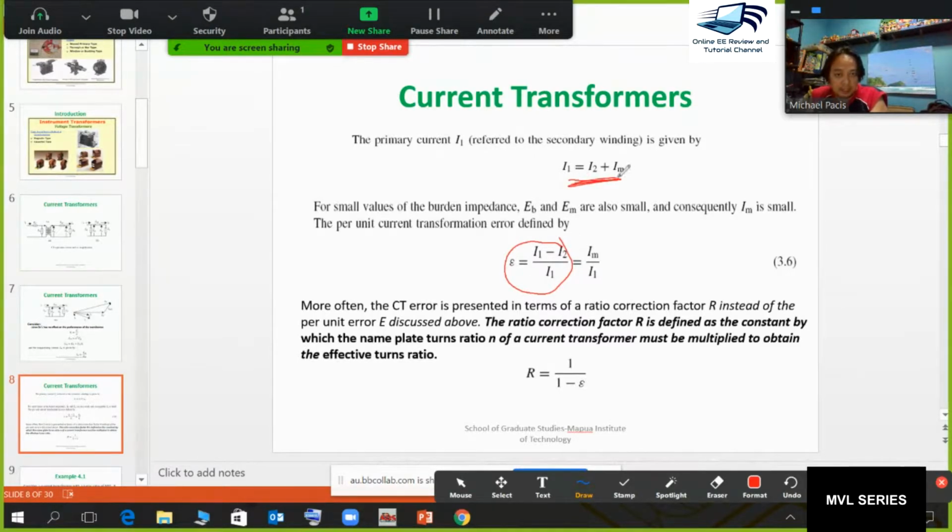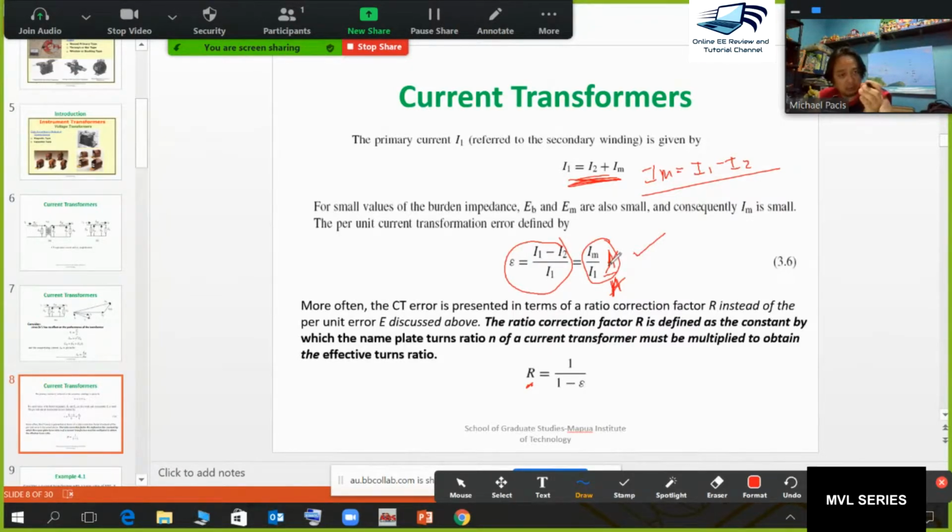But here you can get IM by having the difference of I1 minus I2, the current difference. So therefore, it is IM over I1 as well. Then more often, the CT error is presented in terms of the correction factor R. This correction factor R is unitless, of course, because if this is amperes and this is amperes, it will cancel out, and hence that error is in per unit.